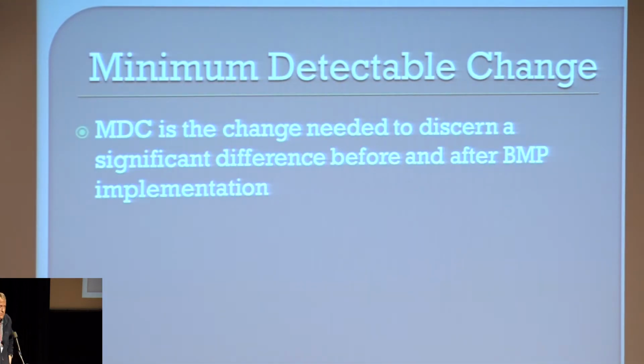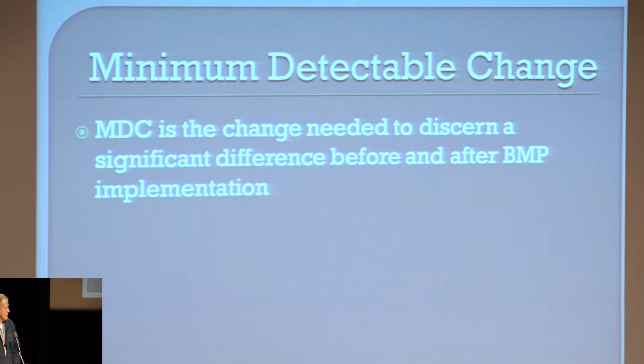All right, so the next focus is, if there's going to be a paired watershed design, how much change are we going to have to implement based on the monitoring record we've developed so far? How much change do we have to make in terms of the watershed nutrient delivery to be able to see a significant difference when these practices are applied?